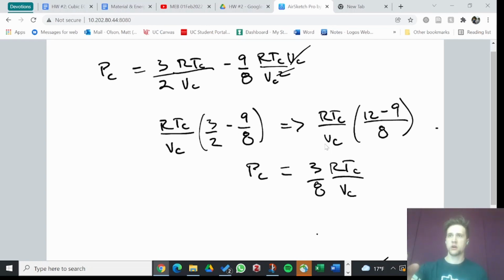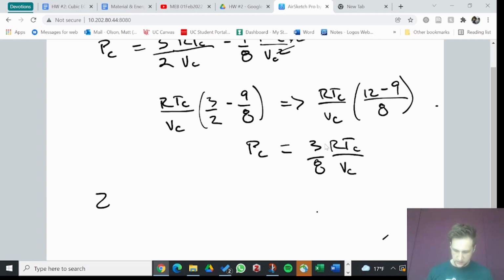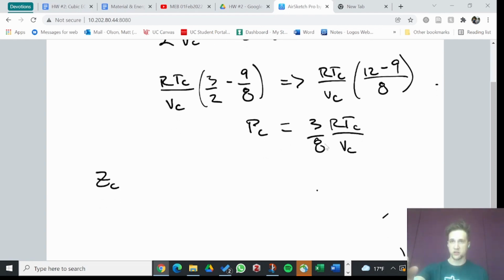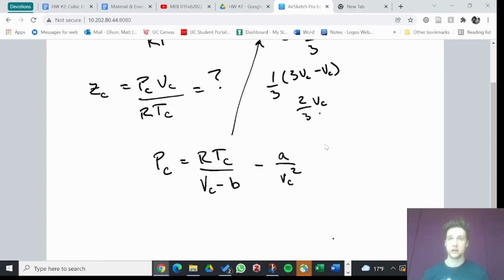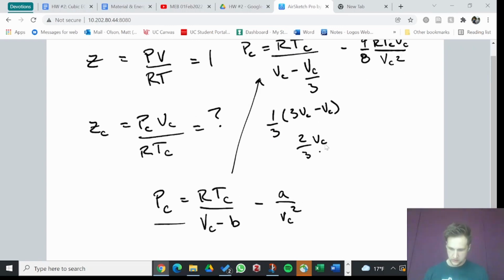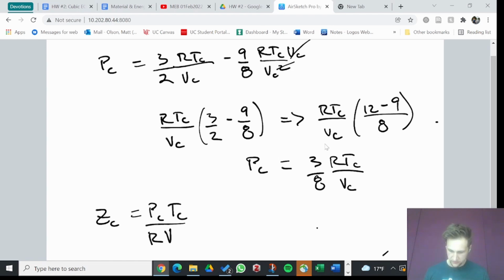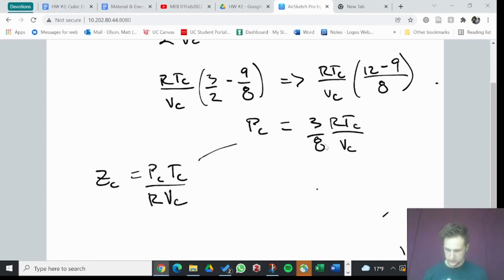Now we will recall that our compressibility factor at the critical point is equal to pressure at the critical point times volume at the critical point over R times temperature at the critical point, back from this equation right here. All we're doing is re-manipulating this with this, which leaves us with a compressibility factor of 3/8.